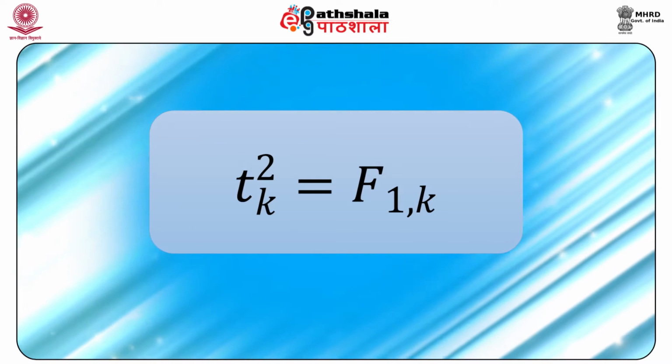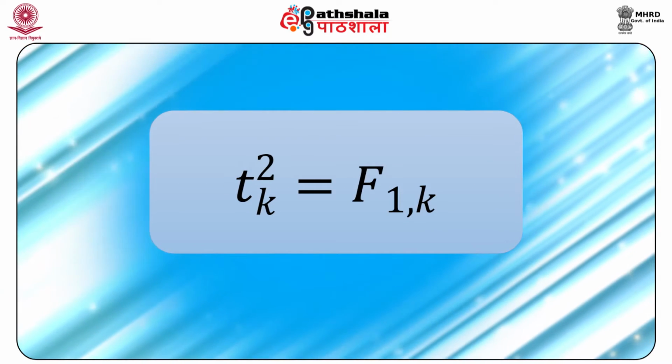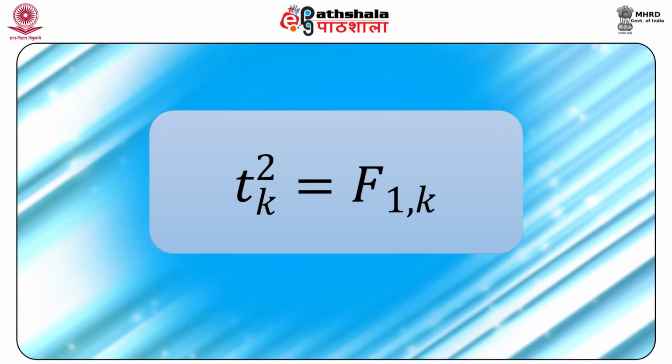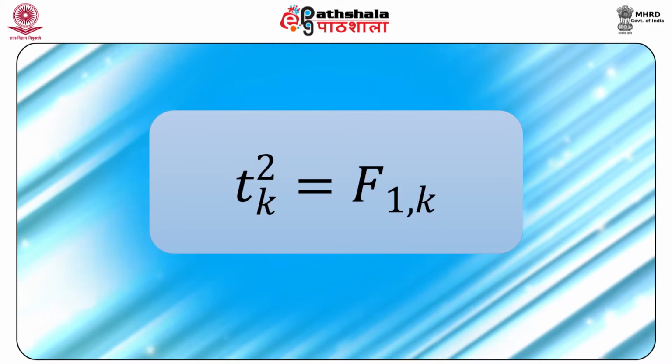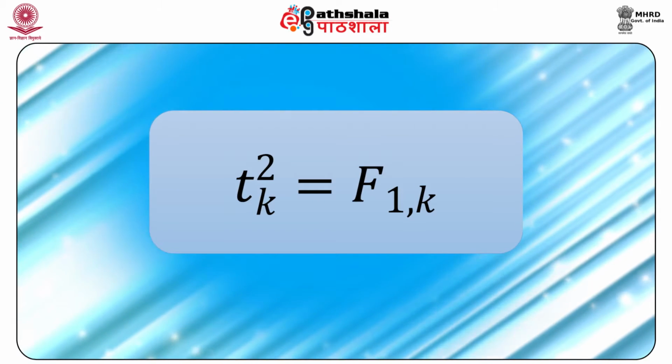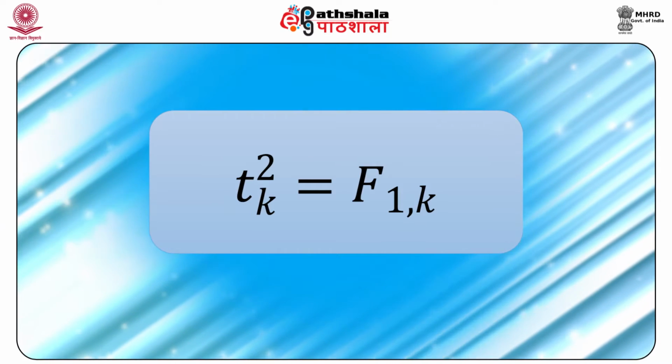An F distribution with 1 and k degrees of freedom is equivalent to the square of T distribution with k degrees of freedom. In other words, T square with degrees of freedom k is equal to F1k.